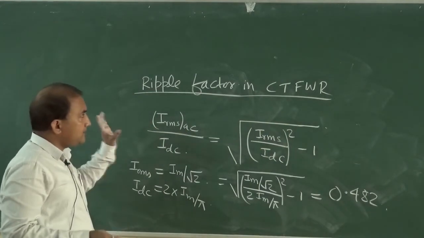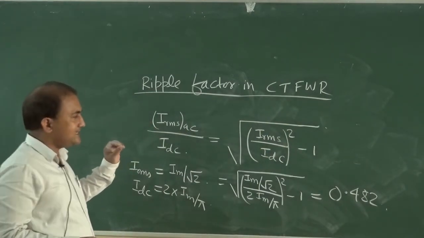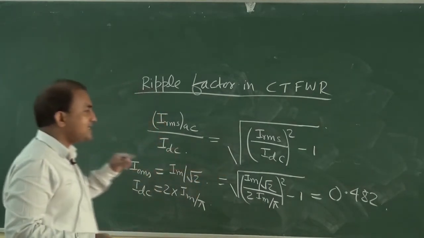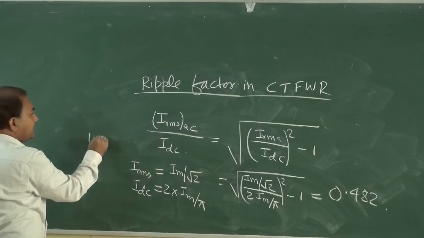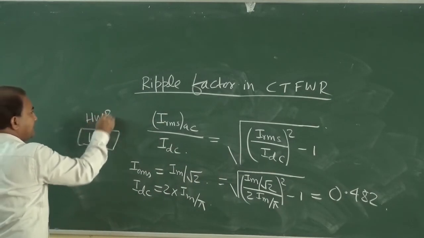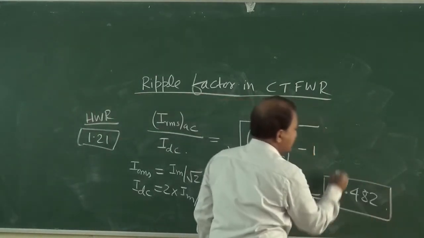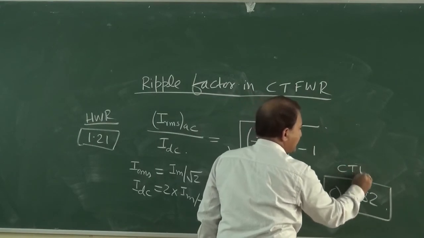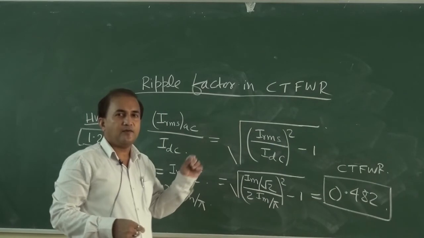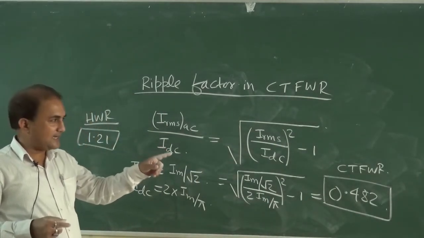The ripple factor in case of a center tap full wave rectifier circuit is equal to 0.482. In case of a half wave rectifier circuit, the ripple factor was 1.21. In case of a center tap full wave rectifier circuit, the ripple factor is 0.482.